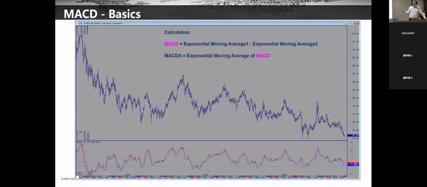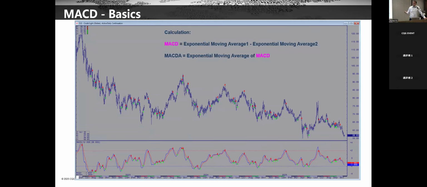So what we call the MACD, the first line, is the blue line that you see there. And the MACD-A, which is what we call the signal line, is the red line. So the average of the difference of the first two averages.